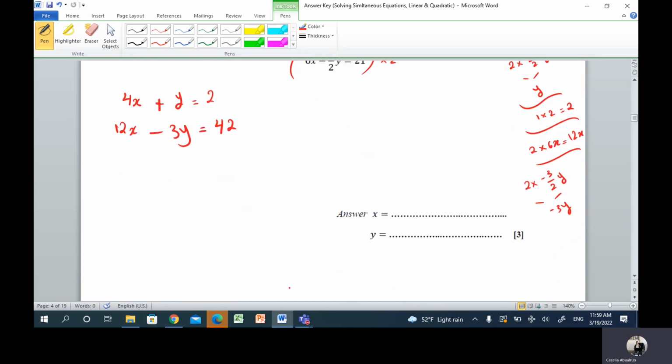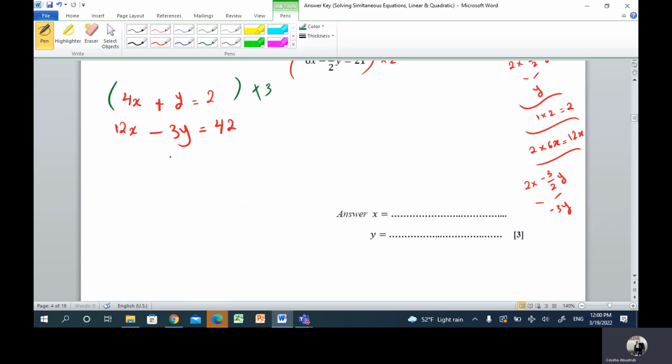And are we gonna get rid of x or y? You can get rid of anyone that you want, but I will decide to get rid of y. So I need to make the coefficient of y in the first equation the same as the coefficient of y in the second equation.